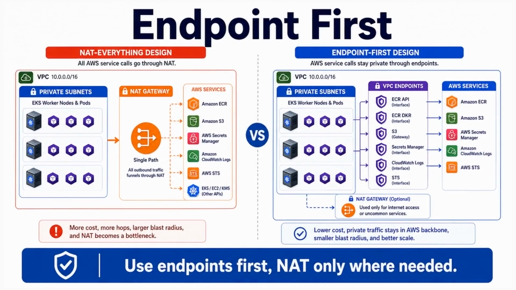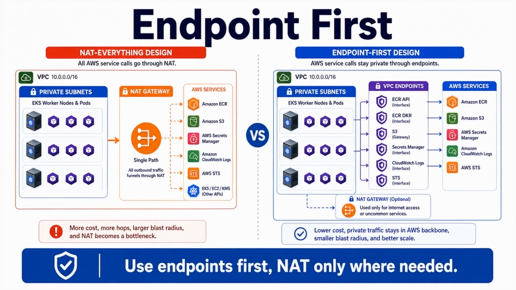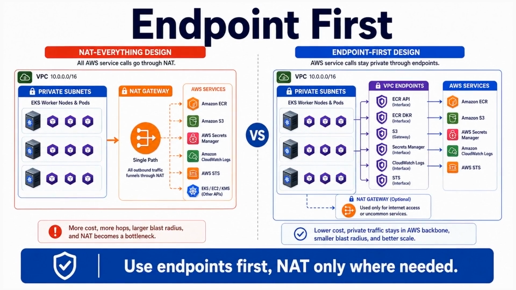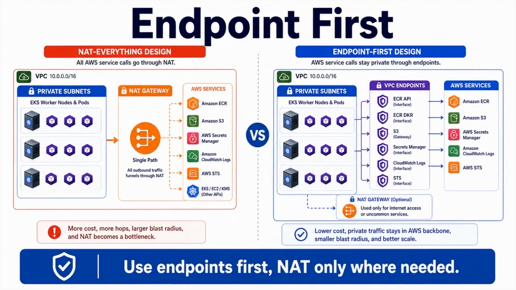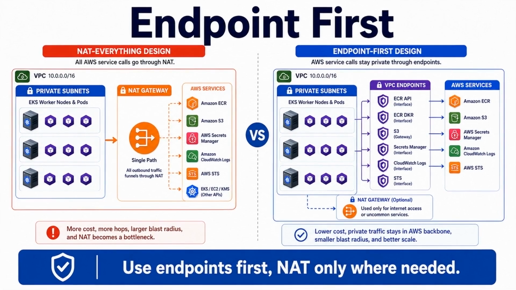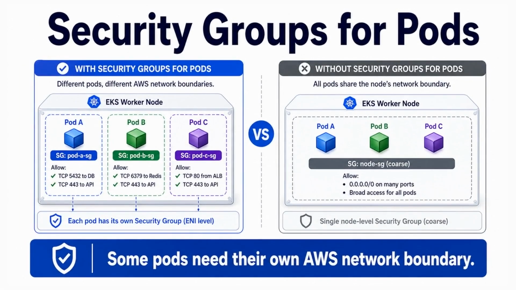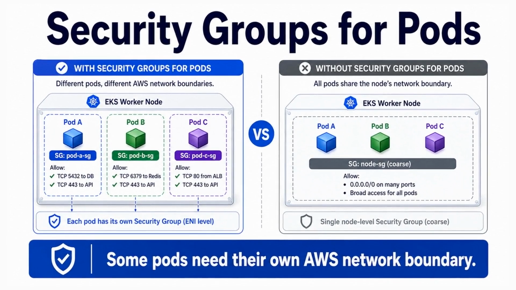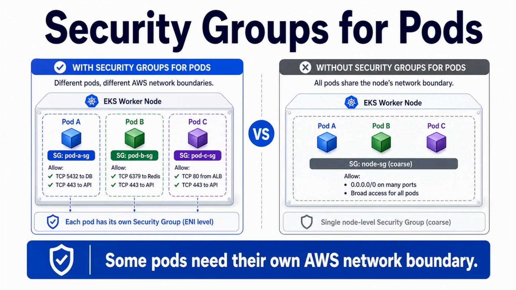So the production answer is not private subnet plus NAT by default. It is private subnet plus the minimum deliberate endpoint set, with NAT used only where there is a real requirement. Security groups for pods let specific pods get their own security group policy instead of inheriting only the worker node boundary.